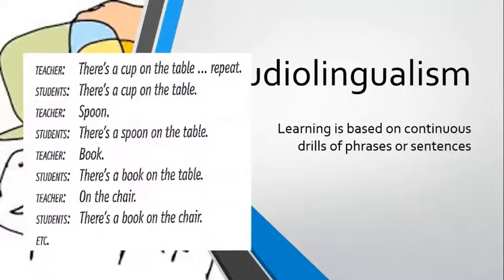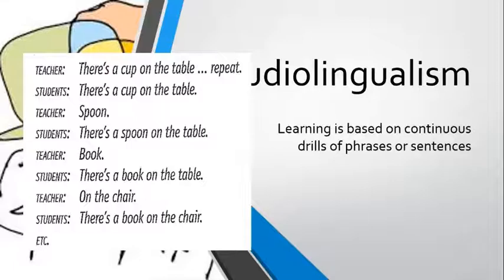We have an example here. The first one is, the teacher will say, okay, there is a cup of tea on the table. And the teacher will say, please repeat. And the student will say it again, there is a cup of tea on the table. And then what happens? The teacher will change one word and she will say, well, spoon.